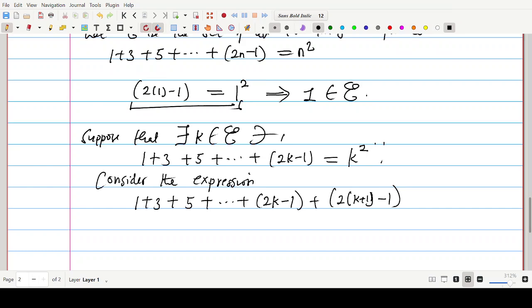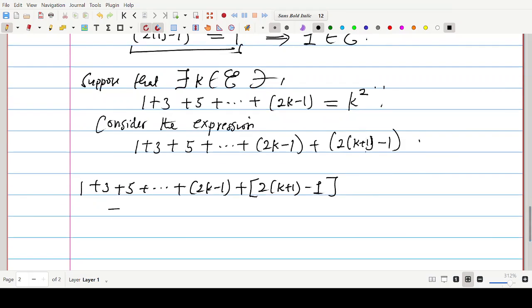Let's consider this expression. Now, don't forget that 1 plus 3 plus 5 plus dot dot dot plus 2k minus 1 plus 2 brackets k plus 1 minus 1 can be equally written.